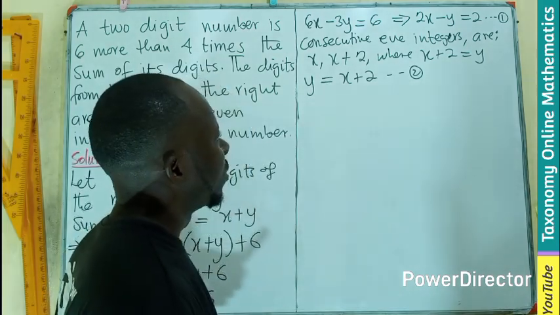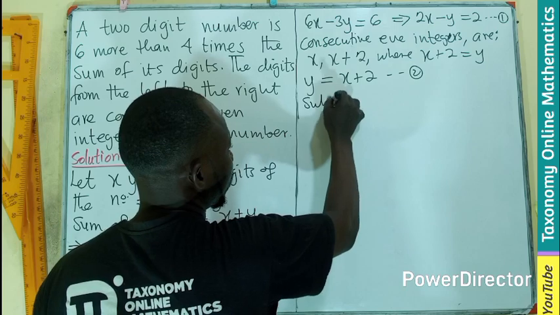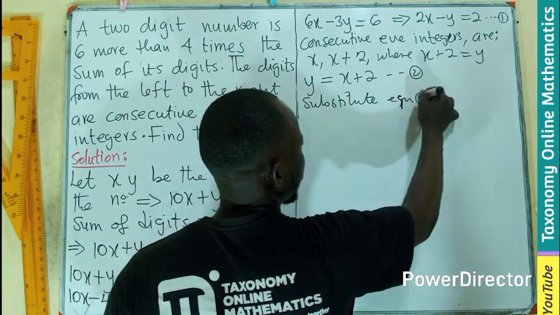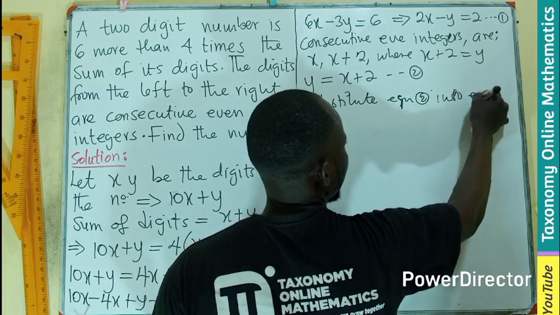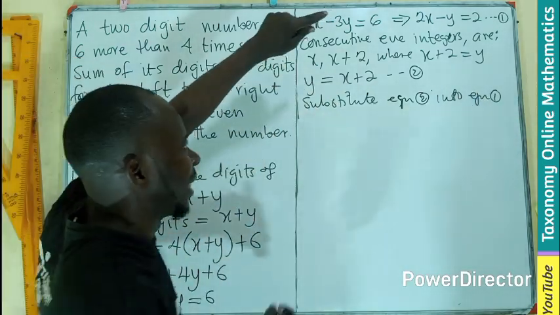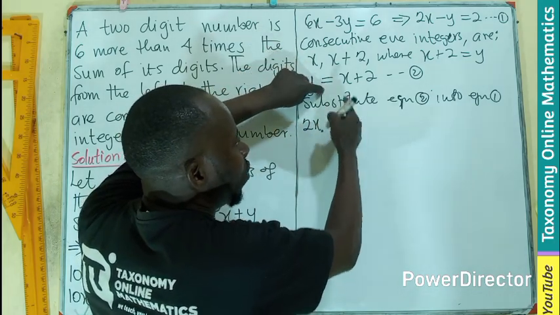So what should I do? I am going to do substitution. We substitute equation 2 into equation 1. That means your 2x - y. What is the y?